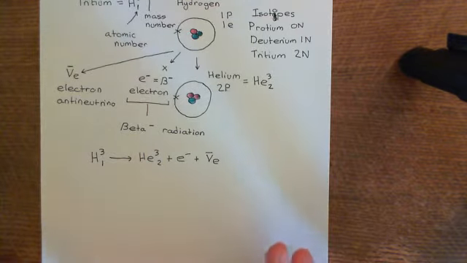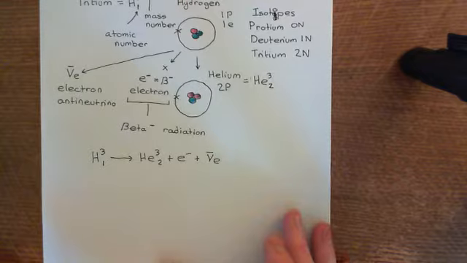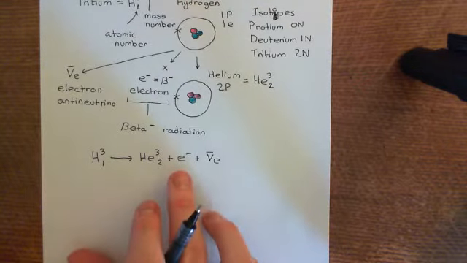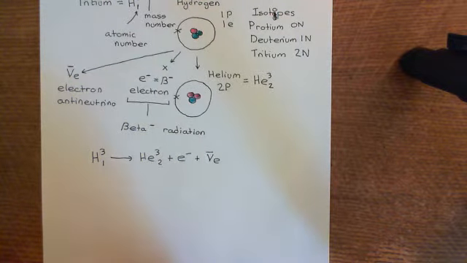Now, how are we going to use this to detect palmitoylation of proteins? Basically, you can detect tritium by just looking for the emission of electrons. You can detect this with, for instance, a Geiger counter. So what we're going to do is create a radioactively labelled form of palmitic acid.